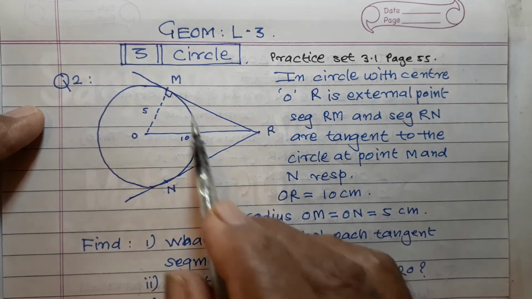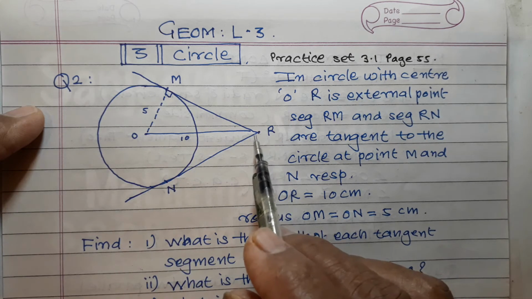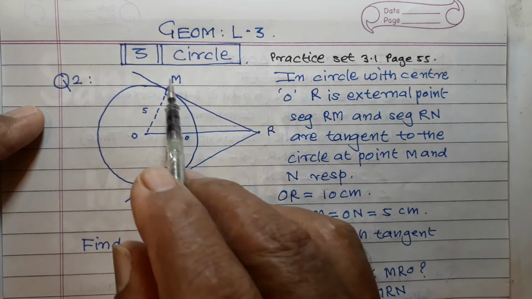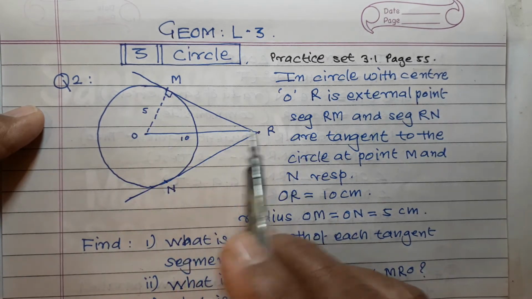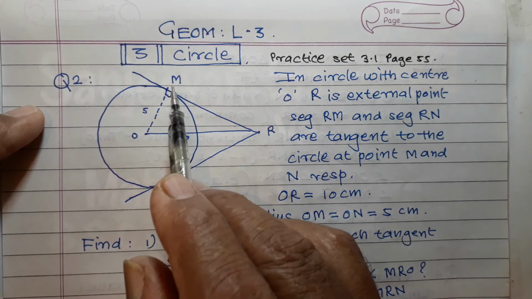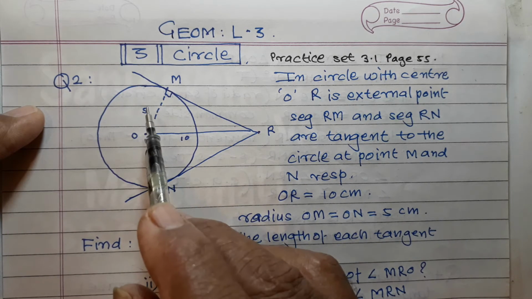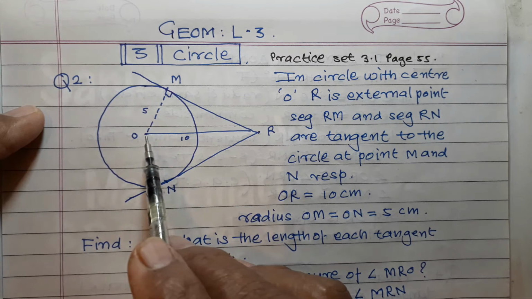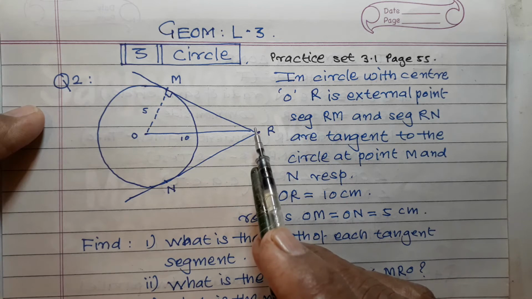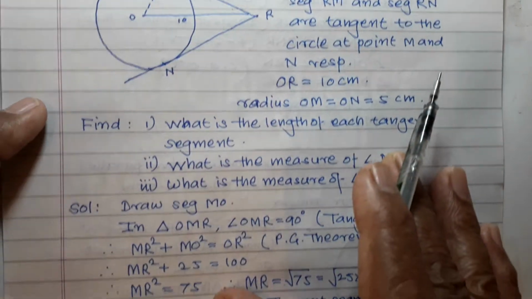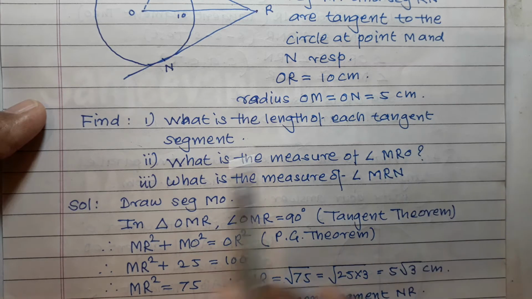So this is a circle with center O. R is an external point, seg RM and seg RN are tangent to the circle at points M and N. OM, this radius, is equal to 5 centimeter and OR is equal to 10 centimeter, given. Okay, and then find the length of each tangent segment.